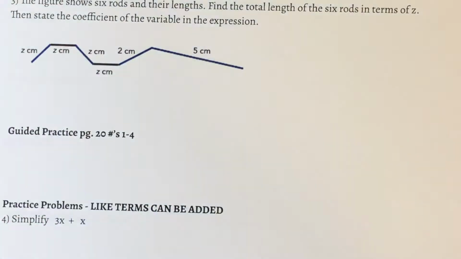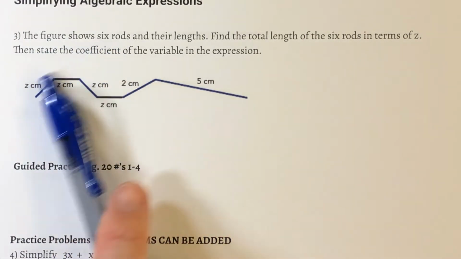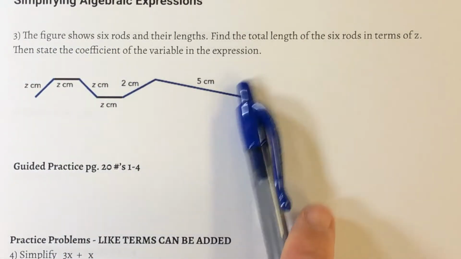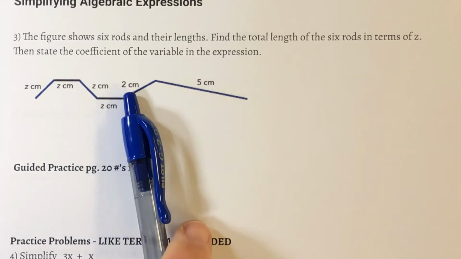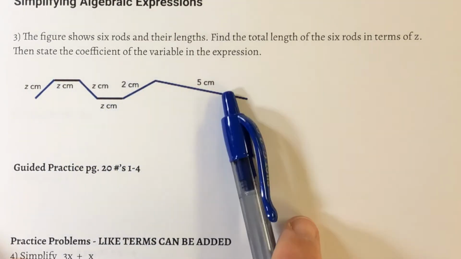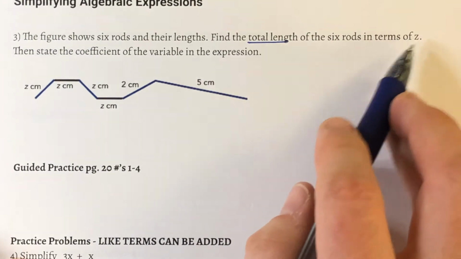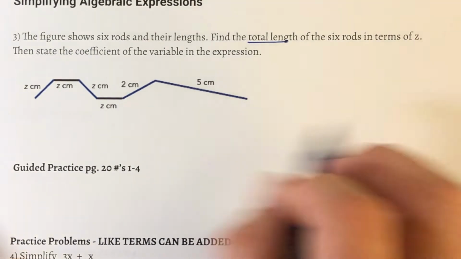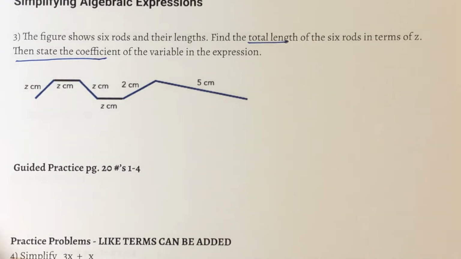All right, our next example. The figure shows 6 rods and their lengths. So z centimeters, z, 2 centimeters, and 5 centimeters. So we don't know these lengths, but we know those two. We're going to find the total length in terms of z. That means you're going to have z in your answer. And then we're going to state the coefficient of the variable in our expression that we find.